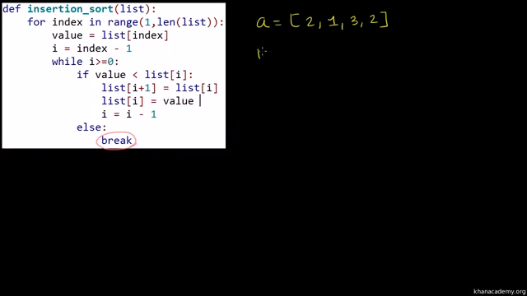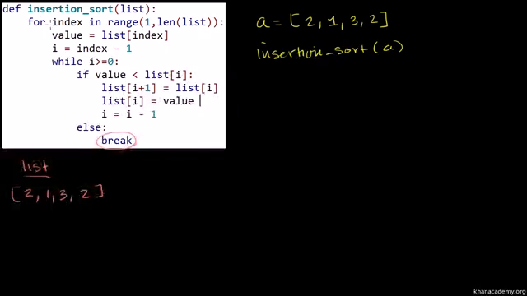And let's assume that we are calling insertion sort on A. Let's think about what's going to happen. Well, the first thing, of course, let's keep track of all of the variables here. So list is right from the get-go going to refer to 2, 1, 3, 2. That's list right from the get-go.